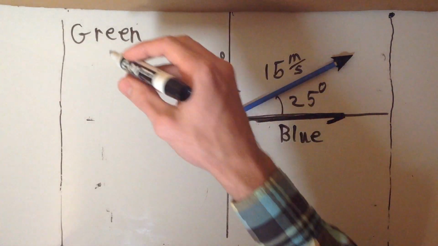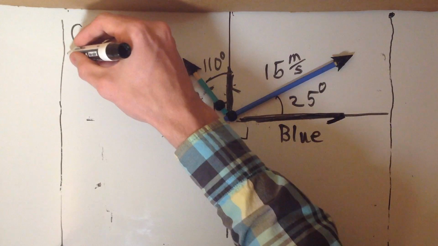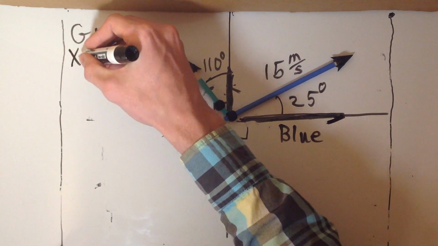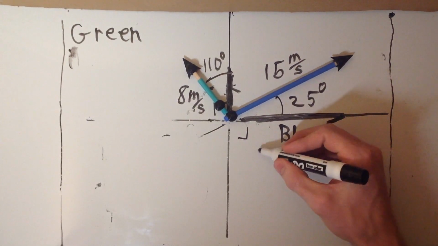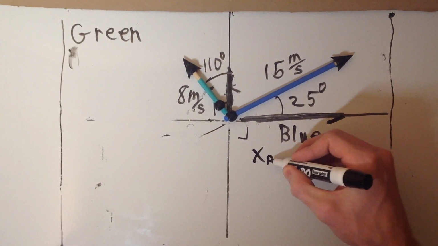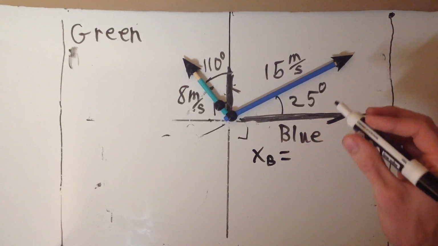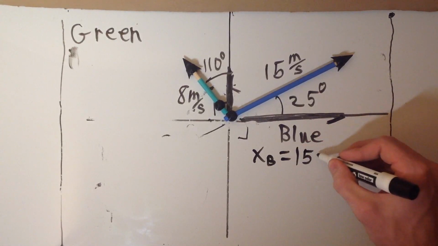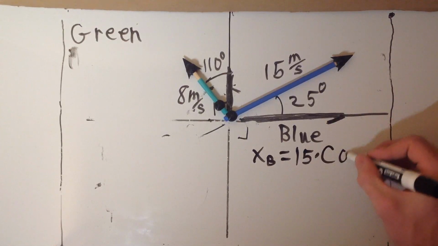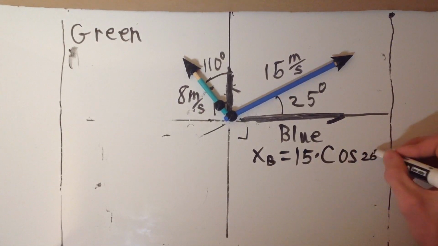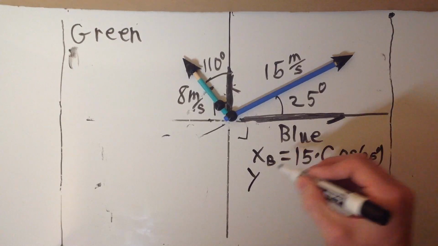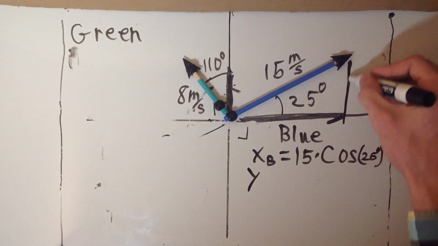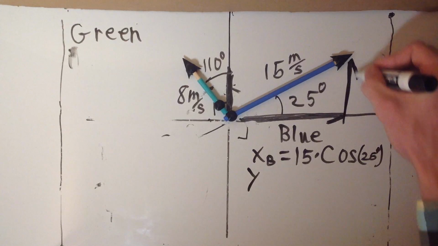We're going to get the x component on the blue area. So x of blue is going to equal 15 times the cosine of 25 degrees, and that will get you your x value. Then your y value for blue is going to be this vector right here.